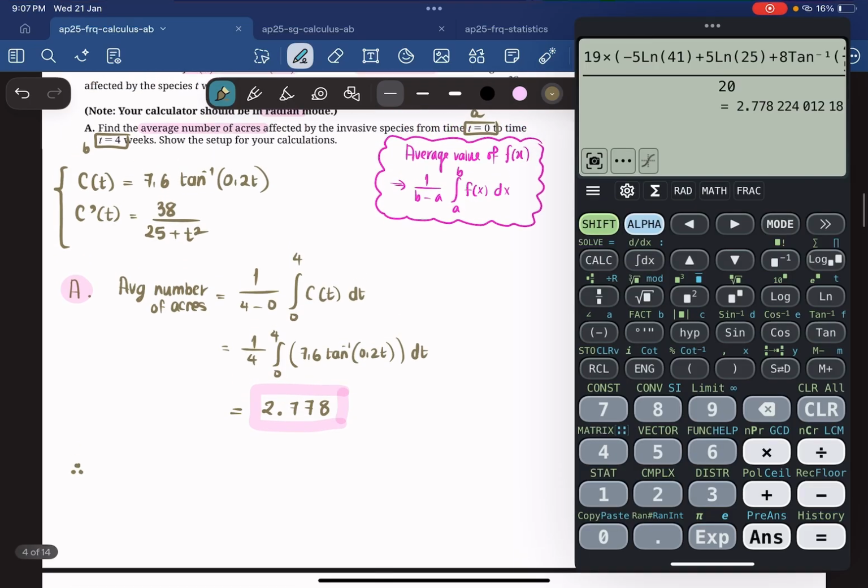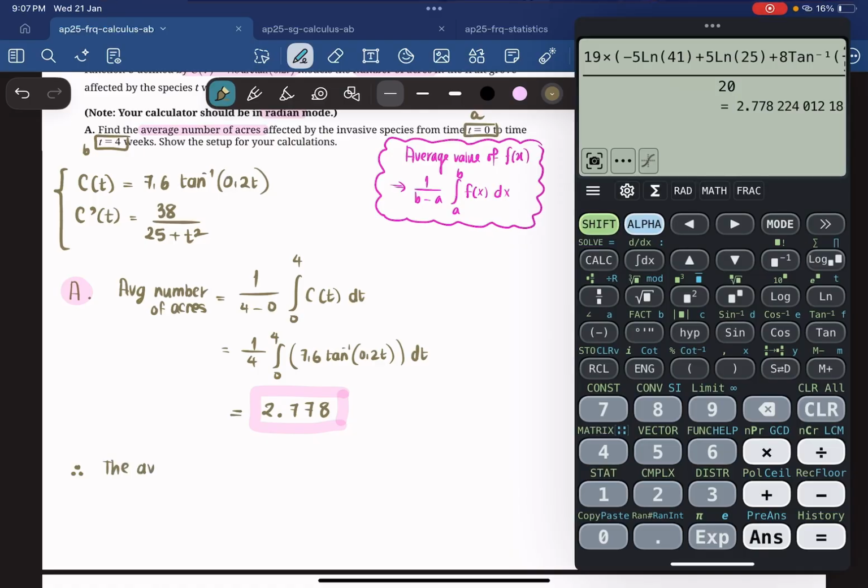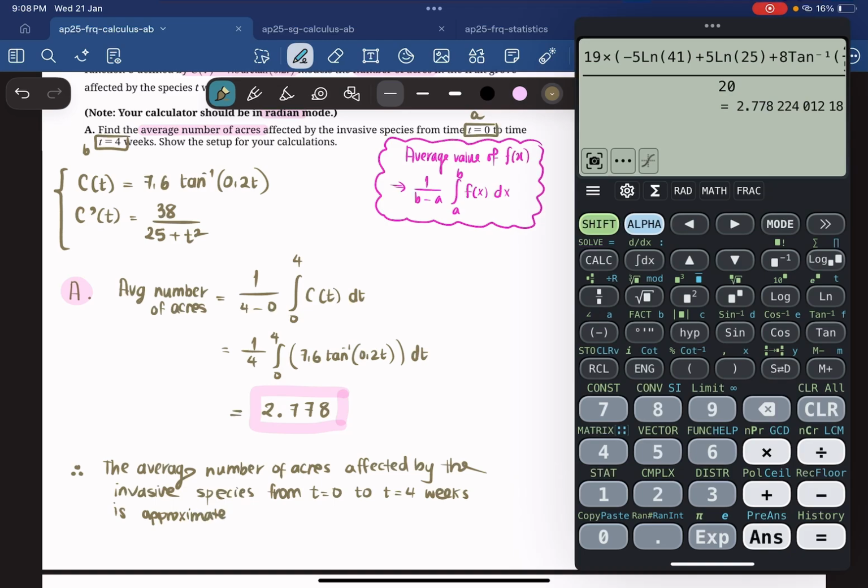Therefore, the average number of acres affected by the invasive species from t equals 0 to t equals 4 weeks is approximately 2.778. Okay, and that's our final answer for part A.